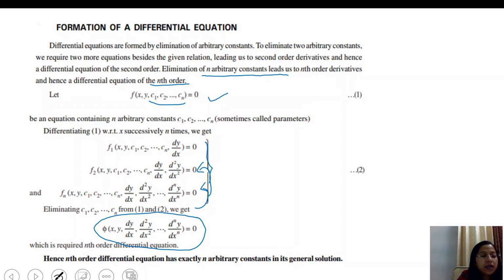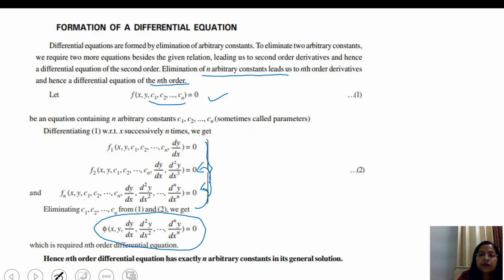That is nothing but our nth order differential equation. Hence this also proves that the general solution of an nth order differential equation has n arbitrary constants.